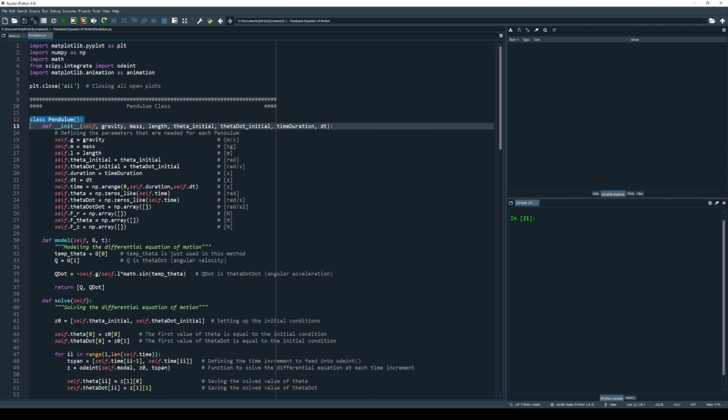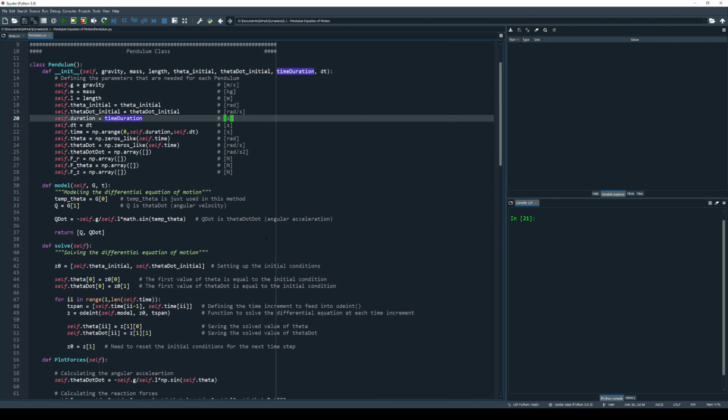Each pendulum is going to be a class by itself, and when you instantiate the pendulum class, you can give it a bunch of different parameters, like gravity, mass, length. You define its initial conditions, how long the simulation runs for, and the time step.